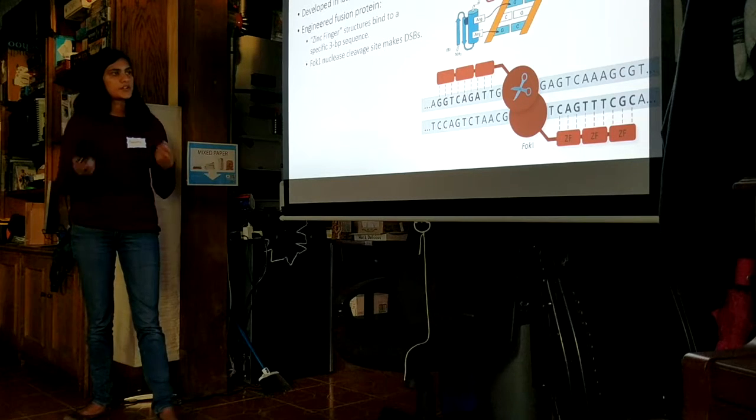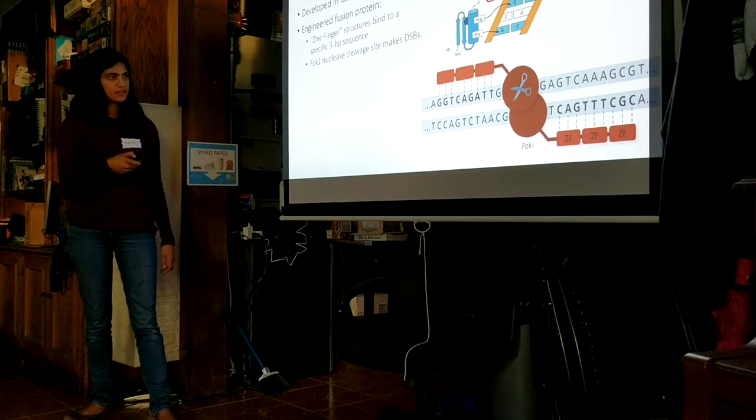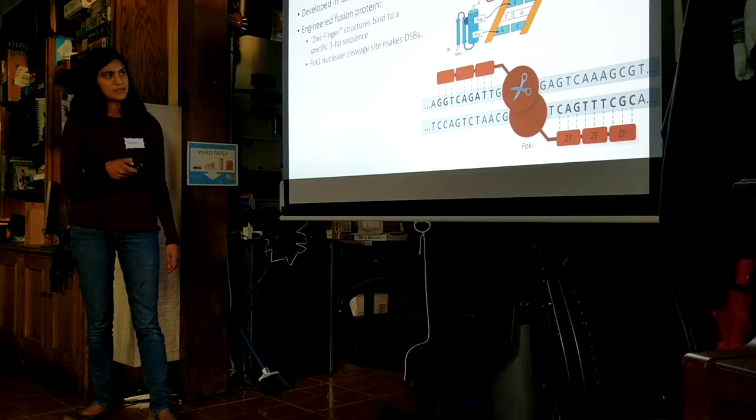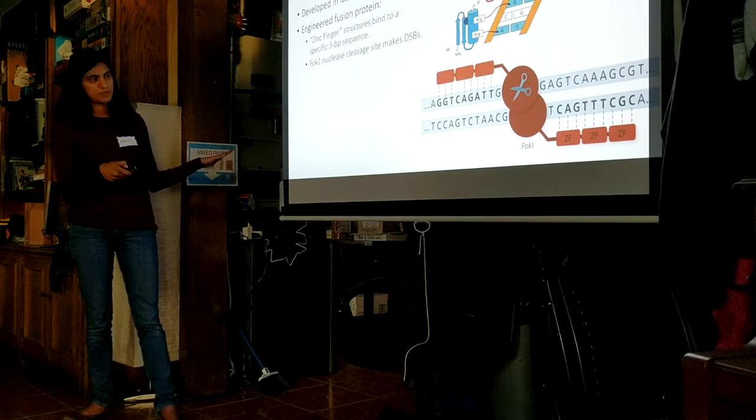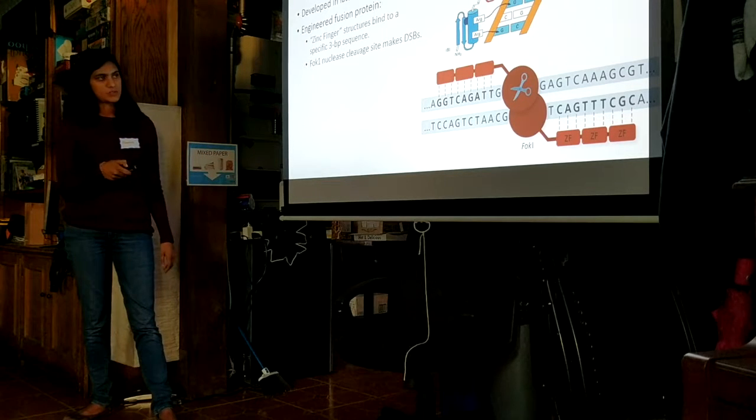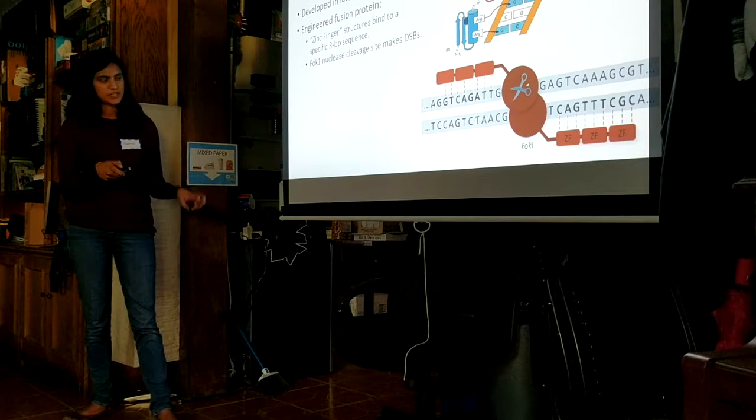And so to engineer this fusion protein, basically you take these zinc fingers and put them in tandem so that they will bind to a specific site. And each of them bind to a specific site that's to the left or upstream of the place that you want to cut. And this will be fused to a part of the FokI cleavage site.